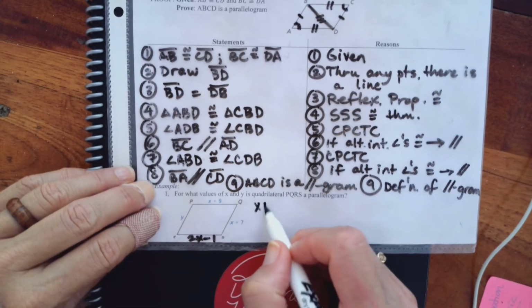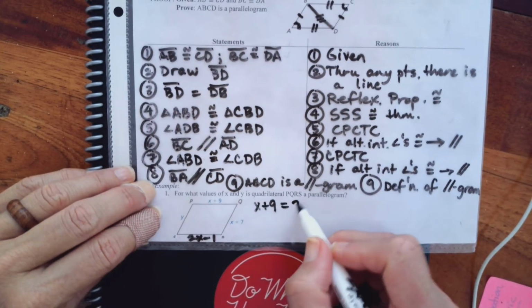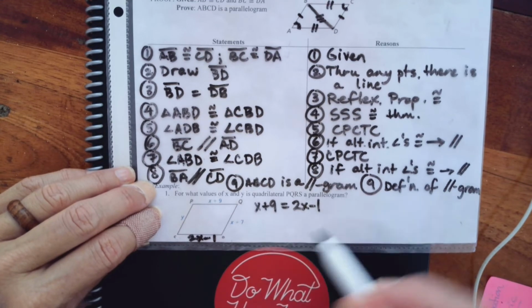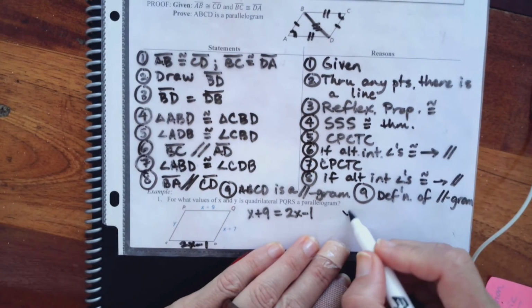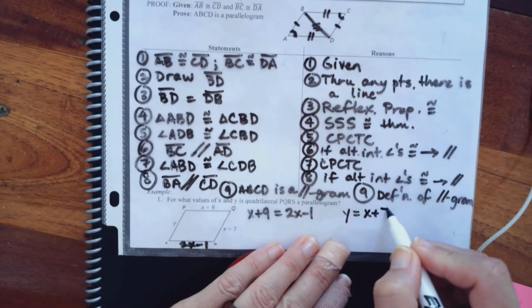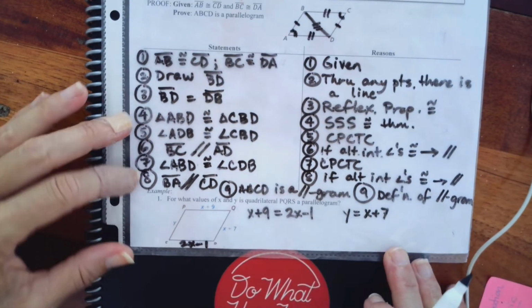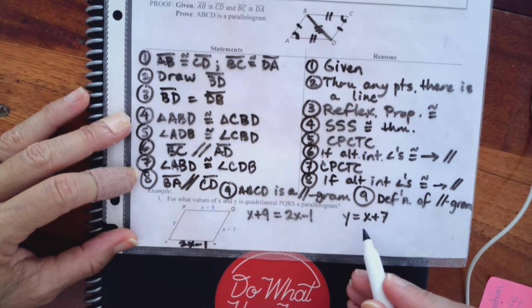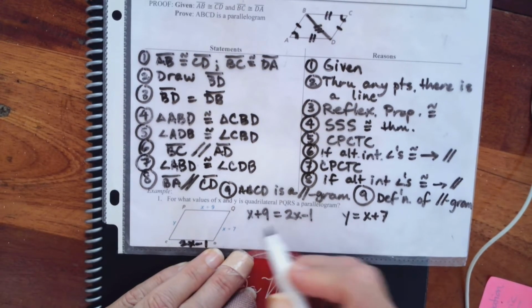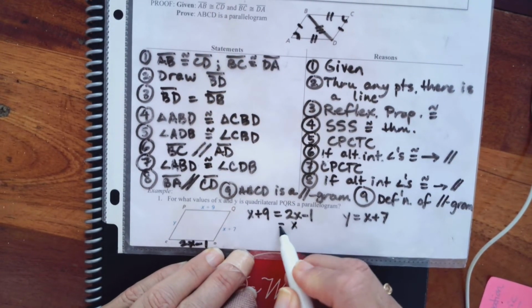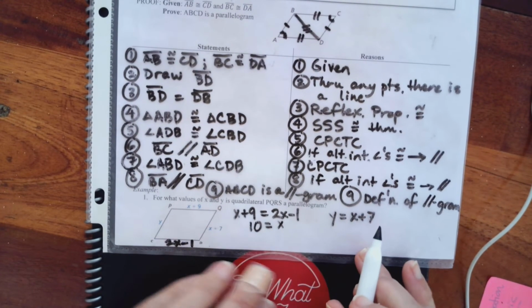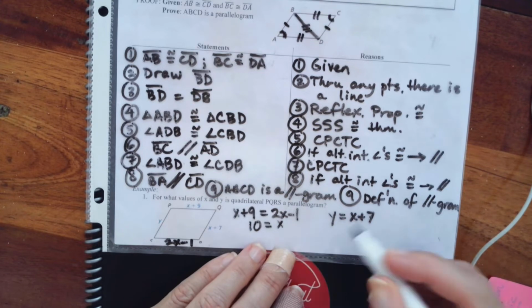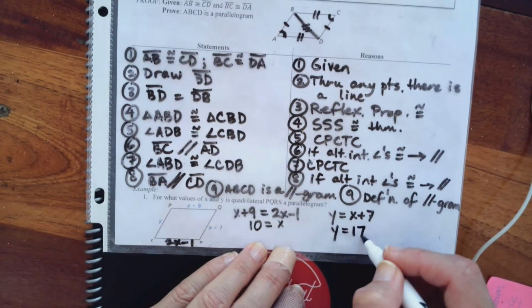So x plus 9 is equal to 2x minus 1 from those two sides. And then this one is y equals x plus 7. So we pull out our algebra, we solve for x here, and then we'll solve for y here. I'm going to take away an x from both sides, and add 1 to both sides to get 10. And so if x is 10, then y is going to be 17.